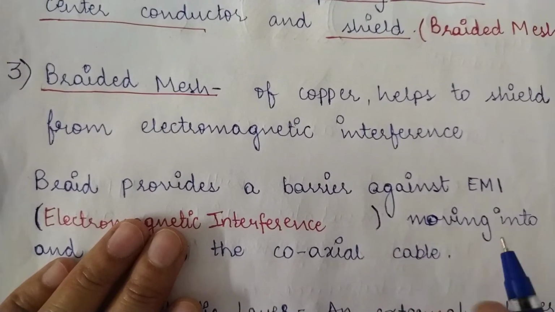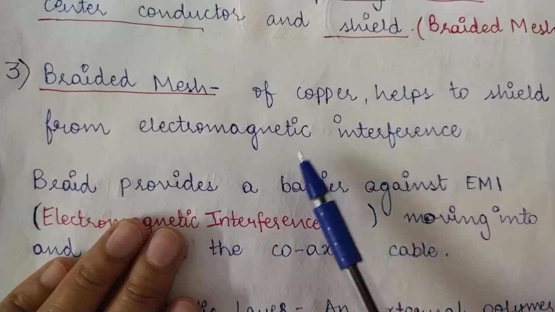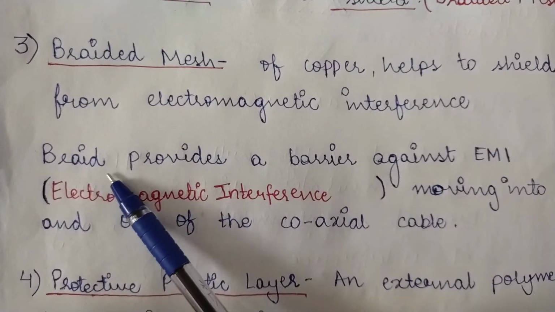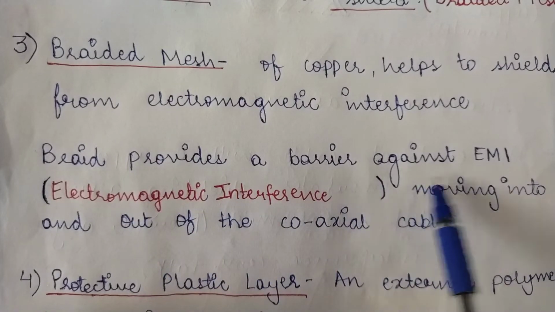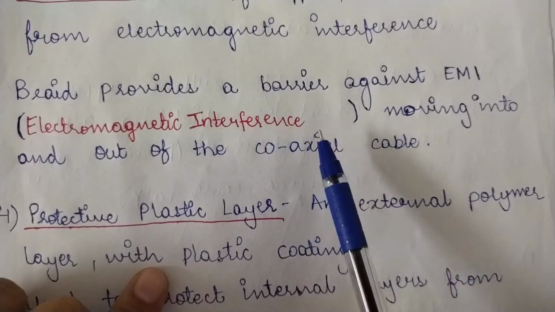It is again made of copper and it is shielding the inner conductor from any EMI. So why a braided mesh? Because the braid kind of structure provides a barrier against EMI, the electromagnetic interference that you call.